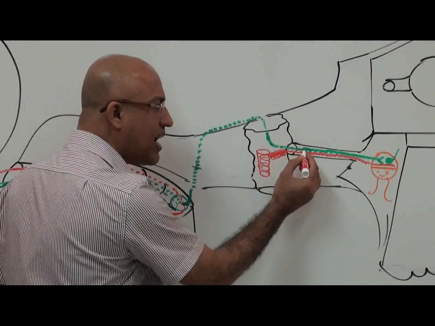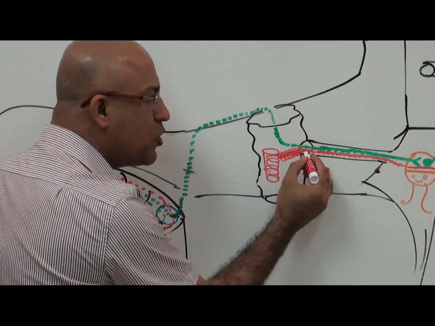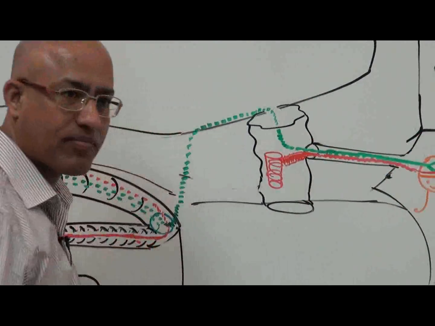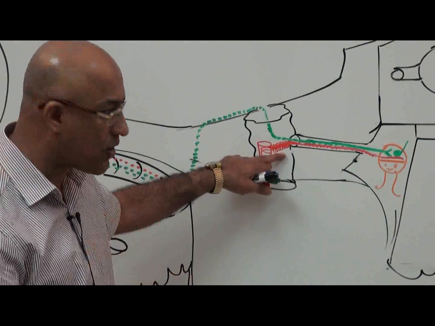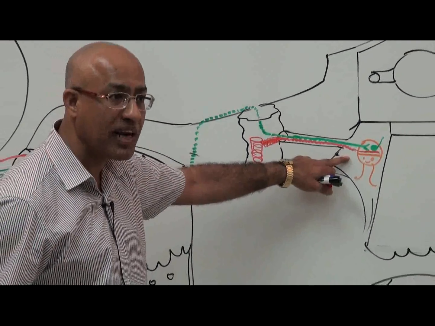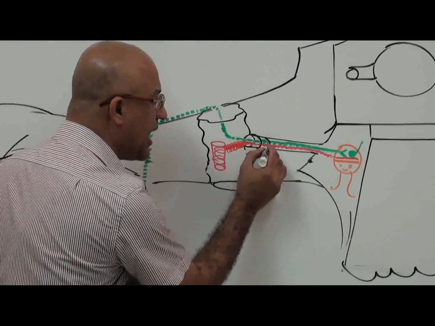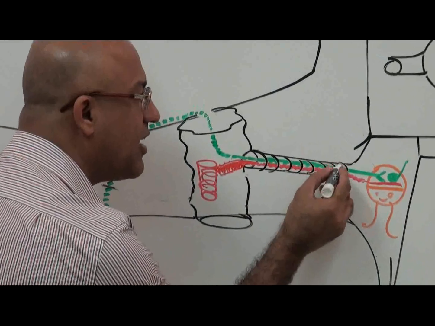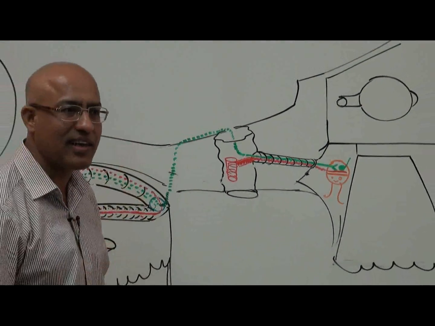So the greater petrosal nerve and deep petrosal nerve come together and move through this canal. This canal, which runs from the anterior wall of the foramen lacerum up to which fossa? The pterygopalatine fossa. This bony canal is called the pterygoid canal. What is it called? Pterygoid canal.